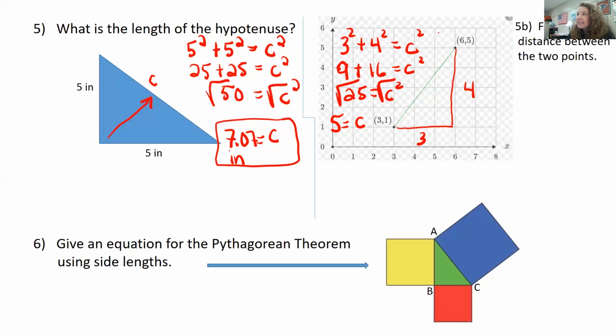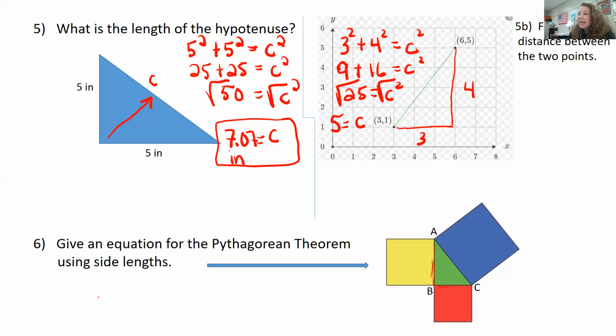All right, number 6 says give an equation for the Pythagorean theorem using side lengths. So look at our side lengths over here. So we know that these two sides of this triangle would be the leg lengths, right?